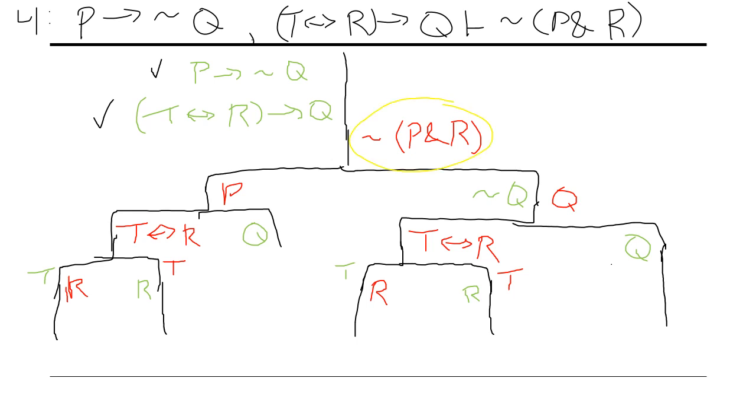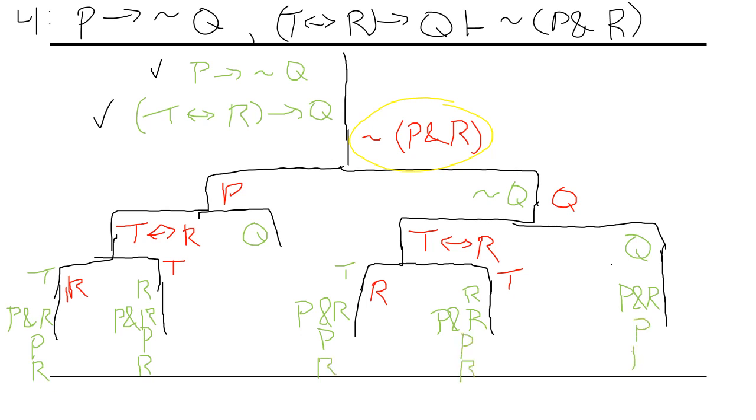I just want to flip it across, so I'm going to put a not P and R, P and R, and then we just need to break those down. What makes a conjunction true is if they're both true. Like this. And that is it. Finish that.